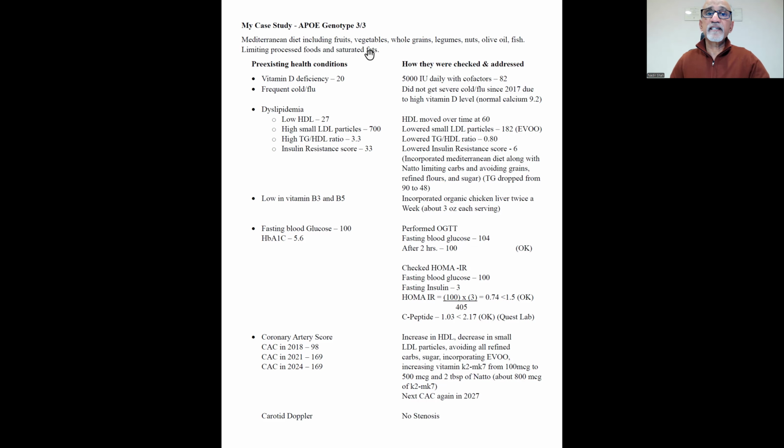I modified certain areas here based on my conditions, and I'll come to that in a bit. My pre-existing conditions are sort of red flags or areas of concern, and how I mitigated them, how they were checked and addressed in a timely manner over time.